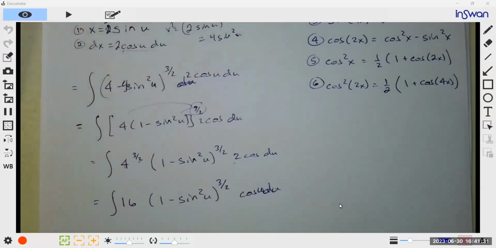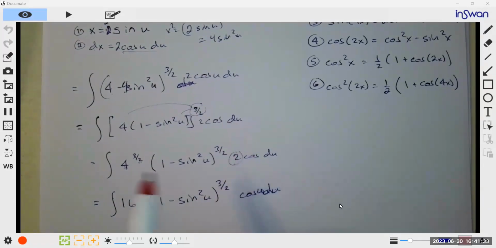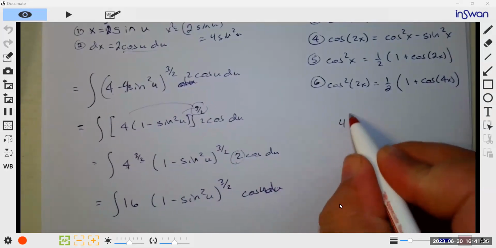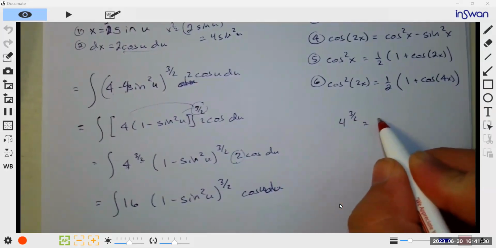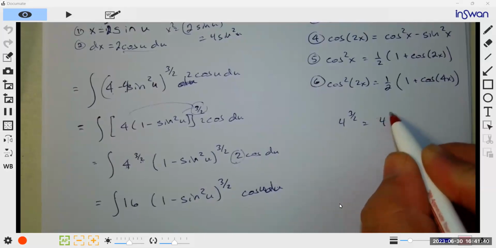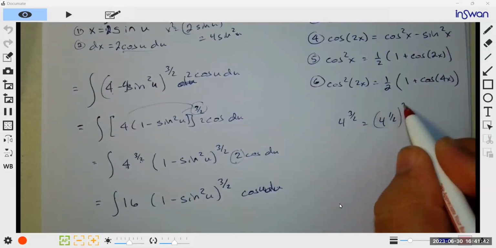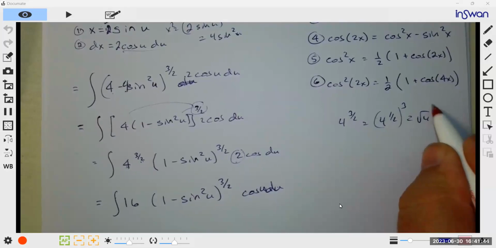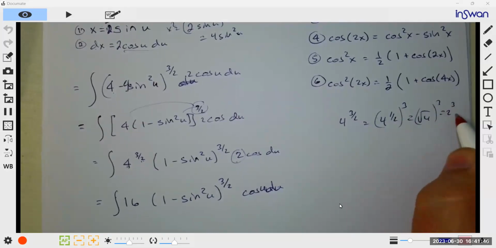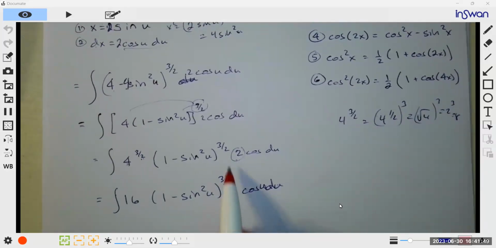Cosine u du. So again, 4 to the 3/2 power is 4 to the power 1/2 cubed. So square root of 4, 2 cubed is 8 times that 2 is 16.